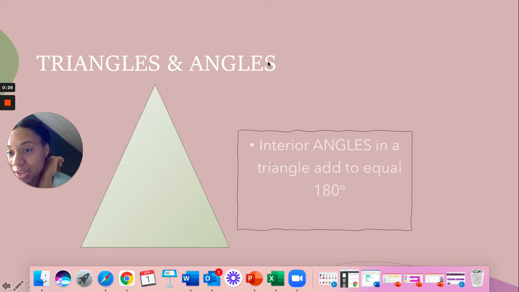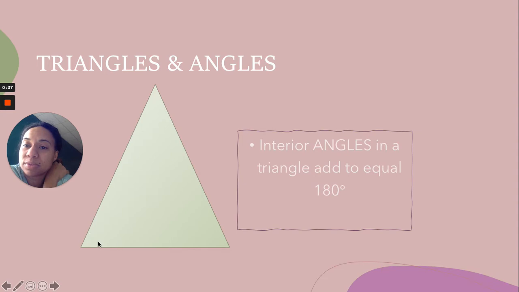triangles and their angles. One thing we learned was that the interior angles of a triangle add up to equal 180 degrees. For example, this was an equilateral triangle.